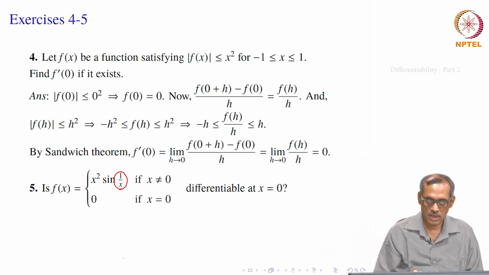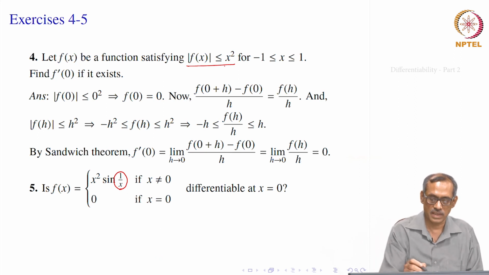Now, you see it satisfies the inequality of the previous problem. Mod f x is less than or equal to x square, because sin 1 by x is bounded by minus 1 to 1. So, mod of f x is less than or equal to x square from minus 1 to 1, and we have seen that in that case f of 0 must be 0, and it is 0 already given. Therefore, it satisfies all the conditions.